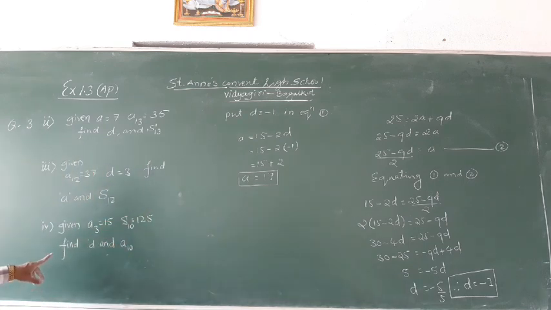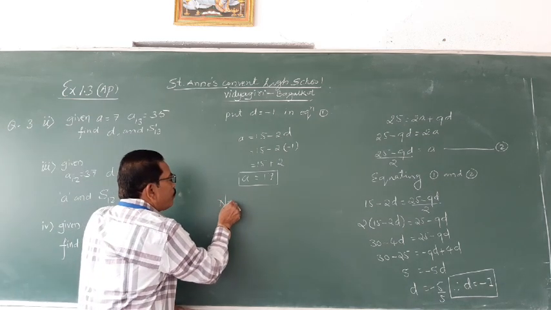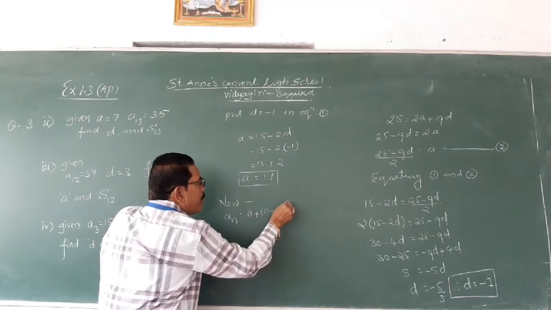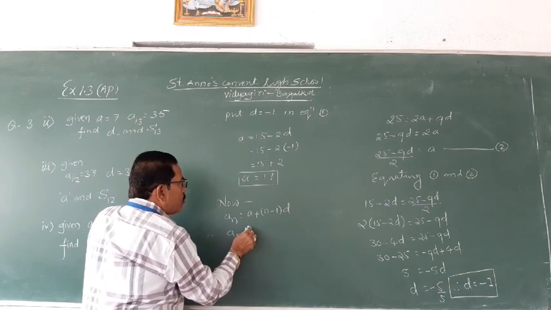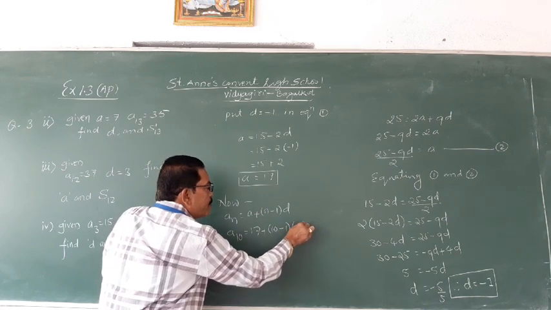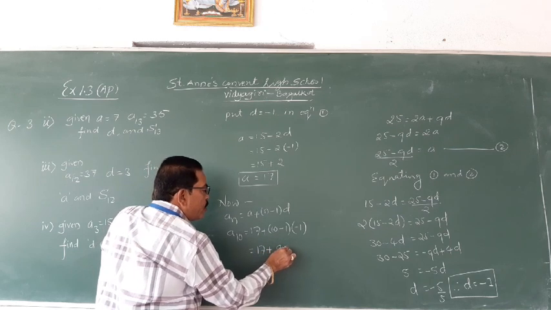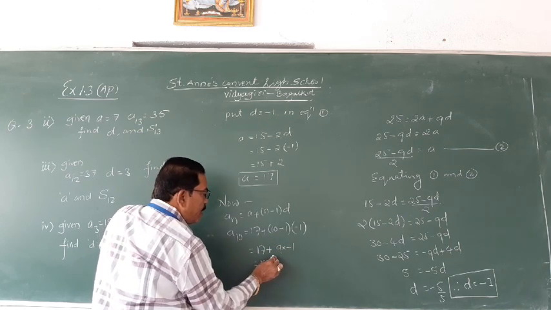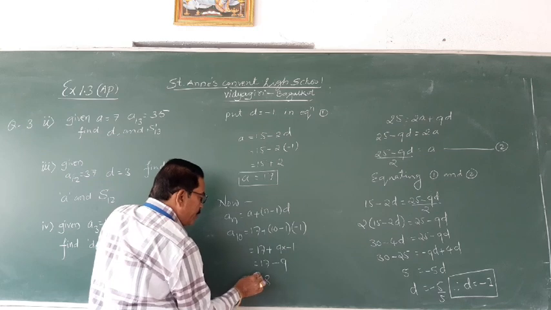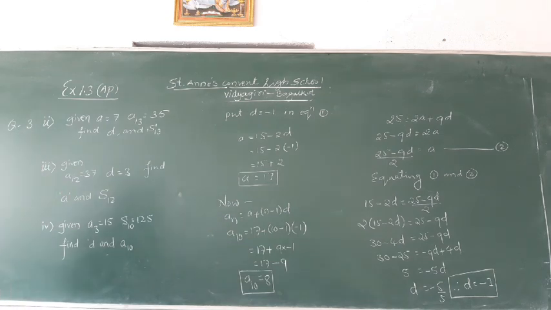Then we have to find a10. A10 equals a plus (n minus 1) into d, so a10 equals 17 plus (10 minus 1) into (minus 1), that is 17 plus 9 into minus 1, that is 17 minus 9, so a10 equals 8.